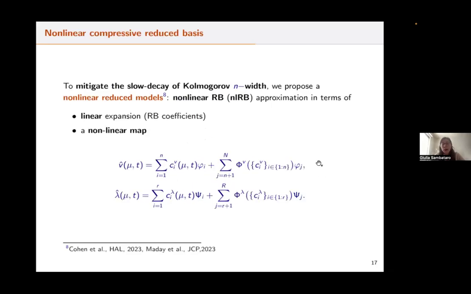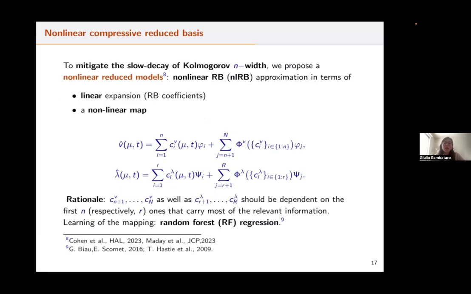And then we add an extra term, which is a sort of correction given by nonlinear maps. These nonlinear maps take as input the Galerkin reduced coefficients, the first n and the first r respectively, and they give as output the remaining reduced coefficients. And the rationale is that the extra components should depend on the first small n or small r ones that carry most of the relevant information.